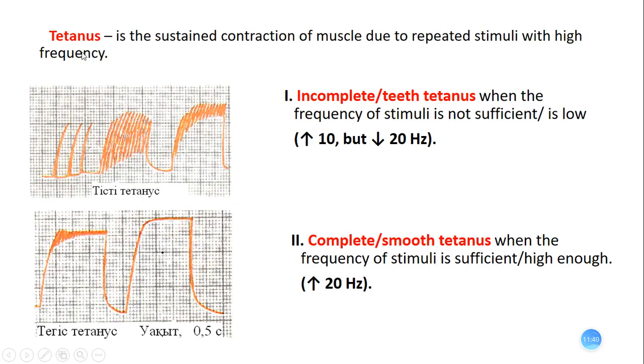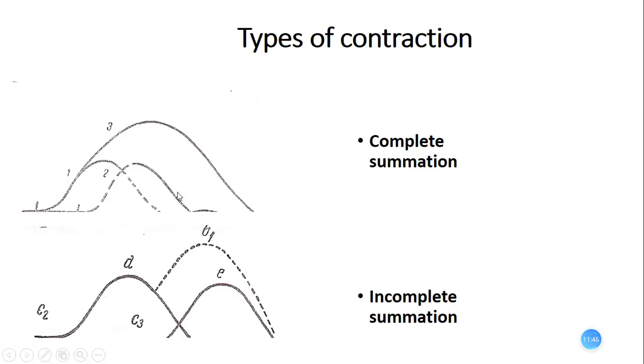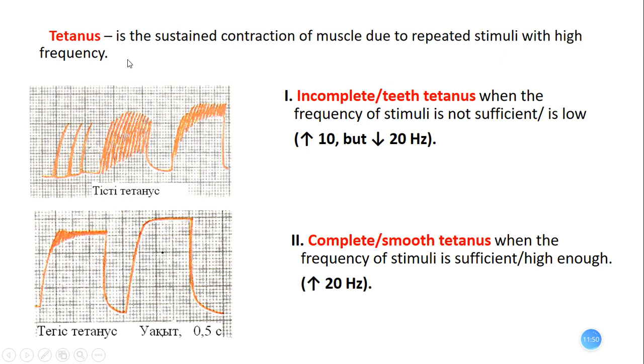And again, we have tetanus. Here, if we give two stimuli, and here we have multiple stimuli, several. Tetanus is a sustained contraction of muscle due to repeated stimuli with high frequency.